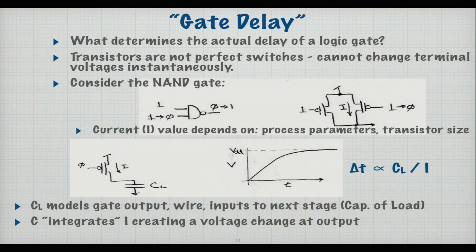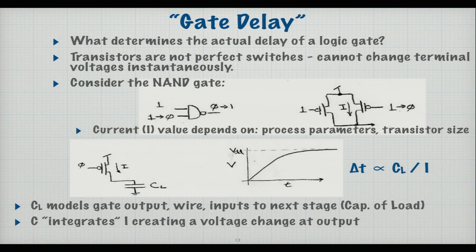The other thing is to be careful about the logic layout and try to decrease the amount of capacitance here. And we'll talk about where that capacitance comes from. There's some built-in capacitance here in the transistor. There's capacitance in the wire that connects to other logic gates. And then the inputs to other logic gates are gate connections into MOS transistors, and those gate connections have a certain amount of capacitance.